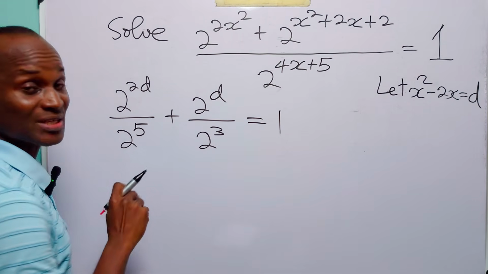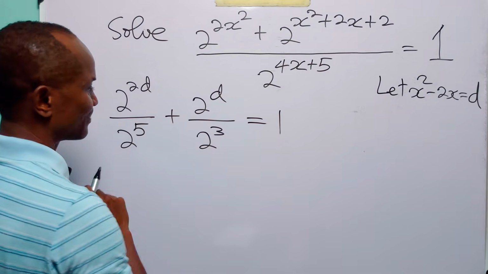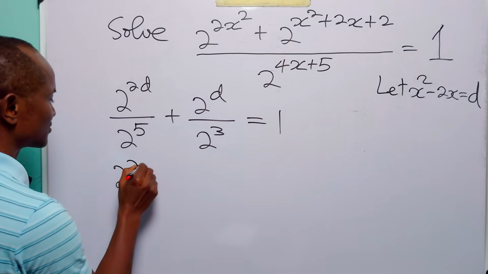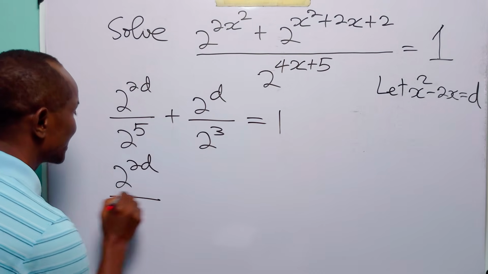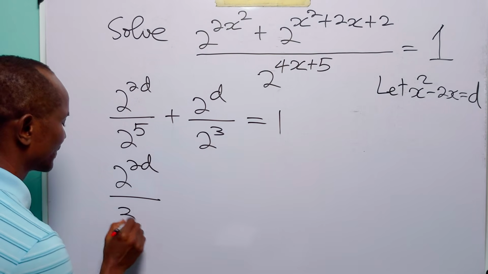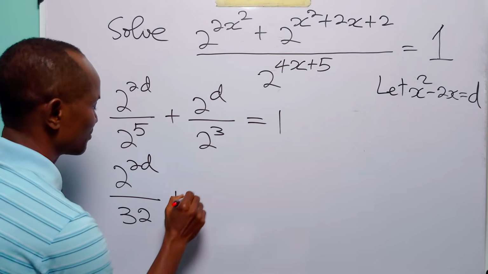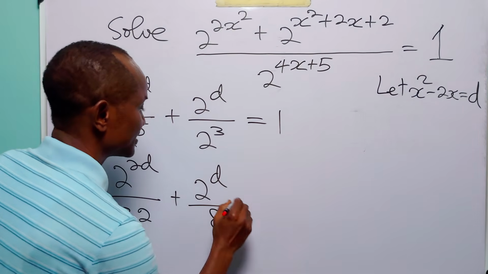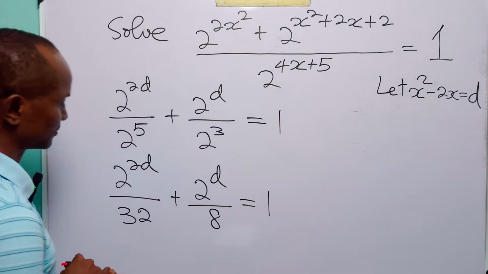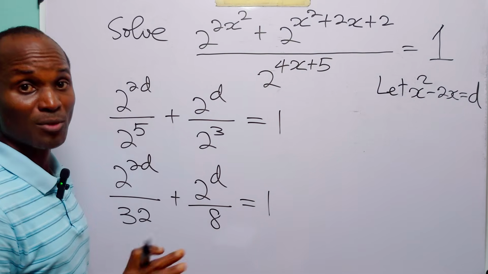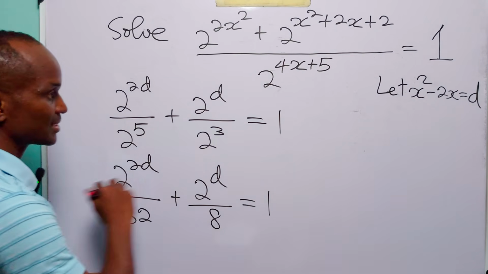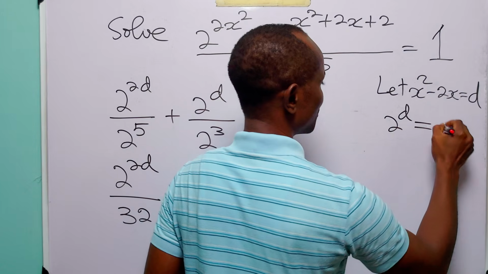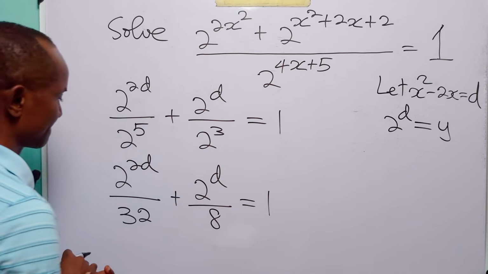2 to the power 5 is 32, and 2 to the power 3 is 8. So this equation is 2 to the power 2d divided by 32 plus 2 to the power d divided by 8 is equal to 1. Now let us do one more substitution. Let 2 to the power d be equal to y.